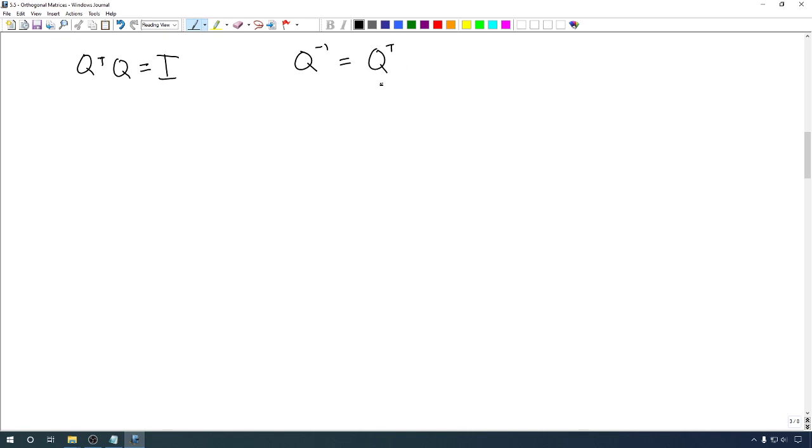It just happened in the example we just did, its transpose was itself, so its inverse was itself. Kind of an interesting situation there. But the point here is that inverse being the transpose is equivalent to having the columns be orthonormal.